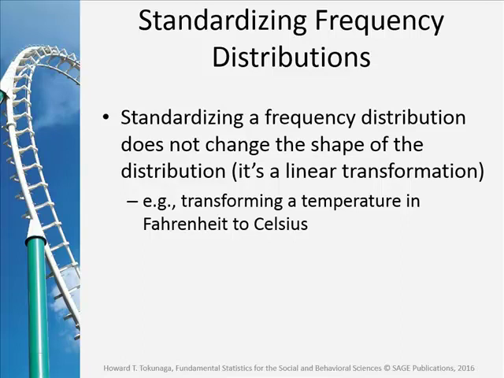But remember, by standardizing it, we're not changing the shape at all, because they all have the same bell shape to them. What we are doing is creating units that respect the variability in that shape. Again, tall and skinny, shorter and wider.